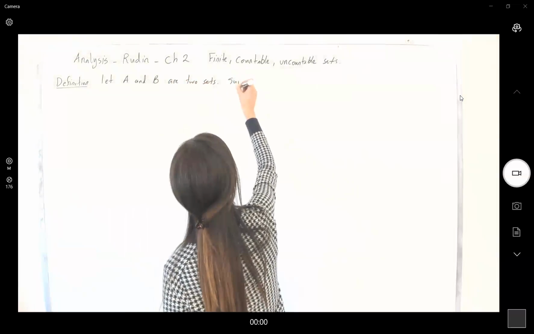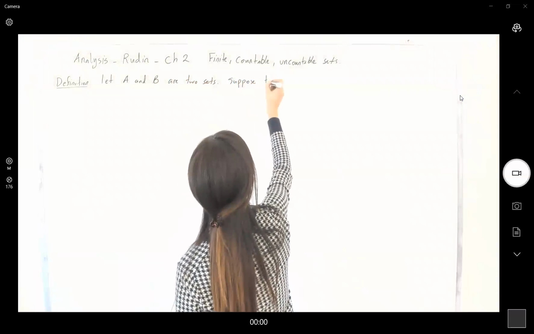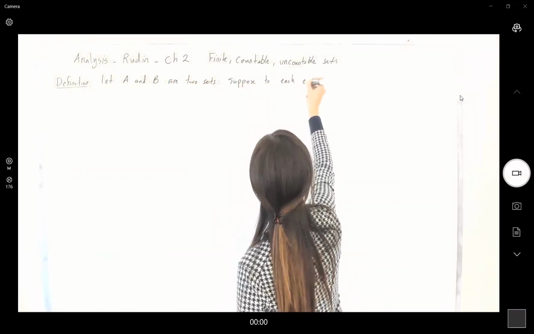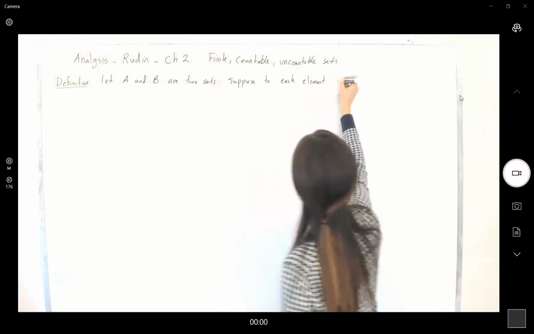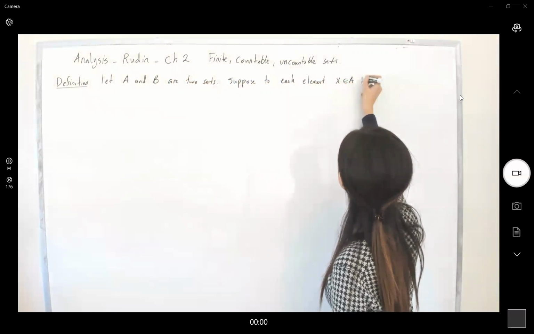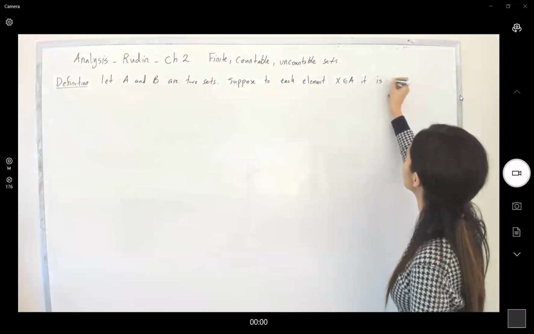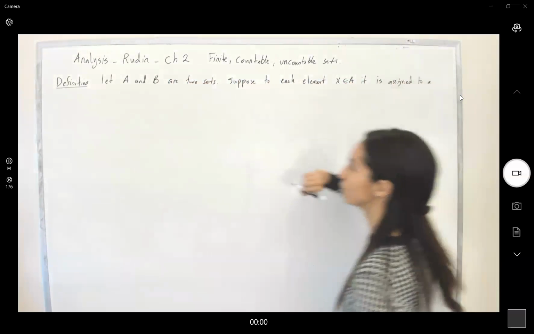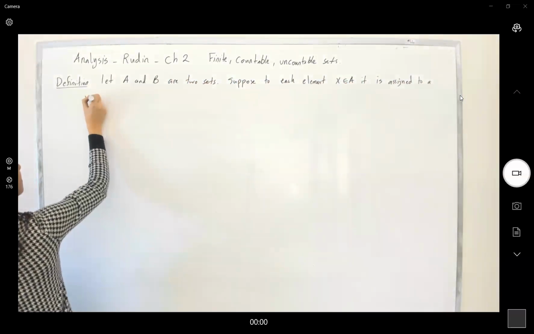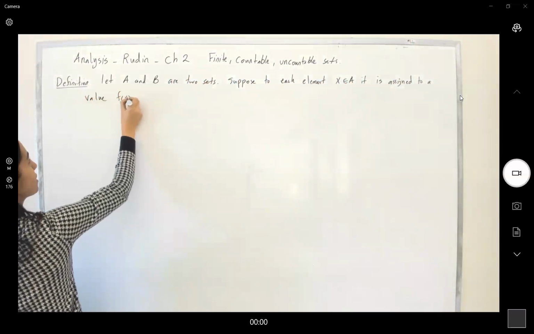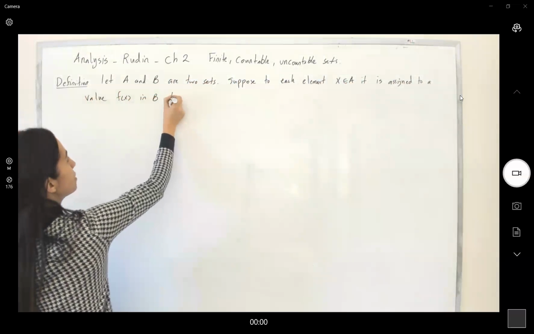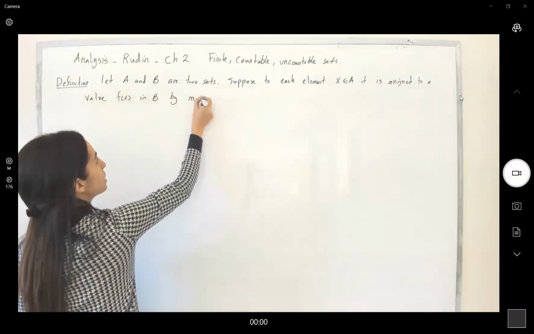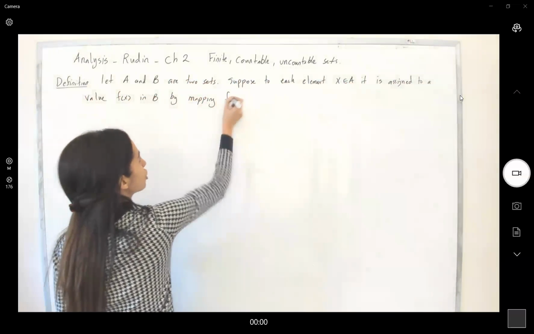So suppose to each element x in A, it is assigned a value f of x in B by mapping or function f.